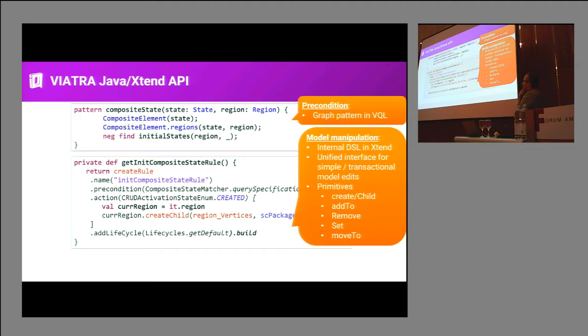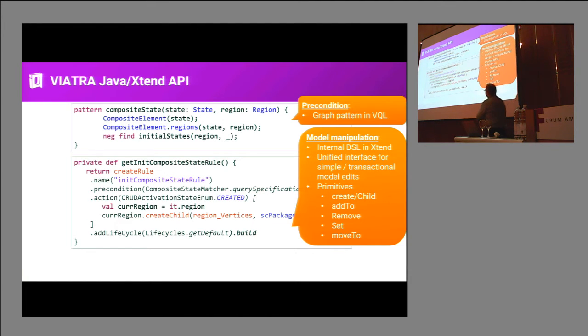Just to give you an idea of how this is programmed, like I said, we rely heavily on Xtend. Obviously, you can program our APIs in Java as well, but they were designed mostly with Xtend in mind. And it's really easy. You can reuse the query definitions in VQL and then assign code snippets or rules according to their lifecycle changes.